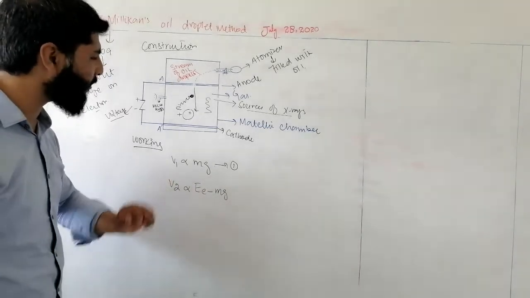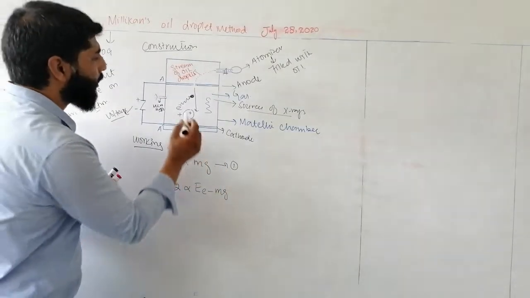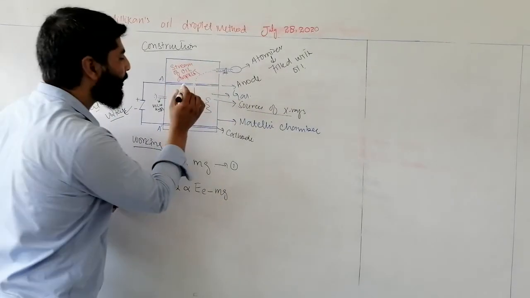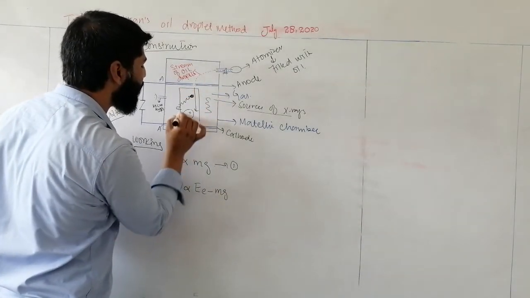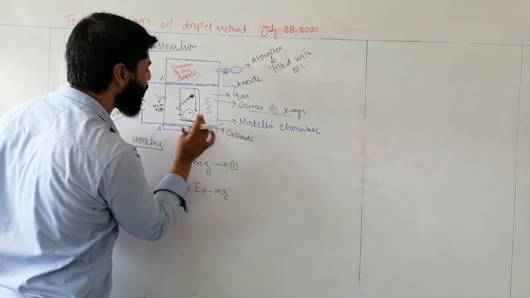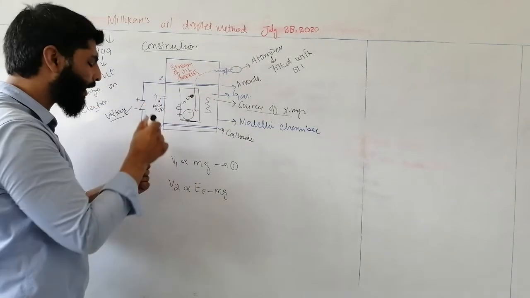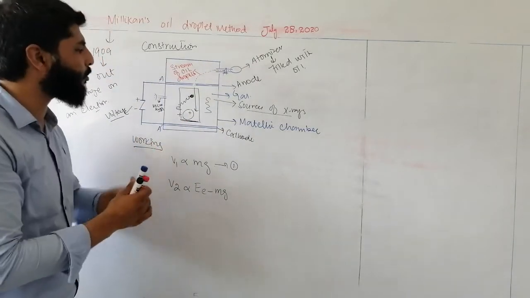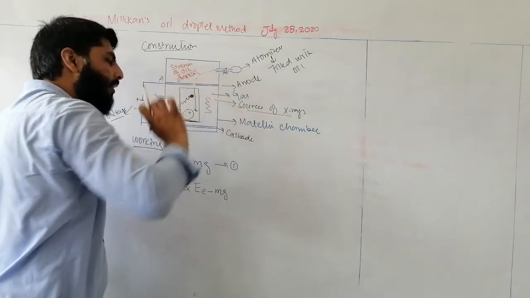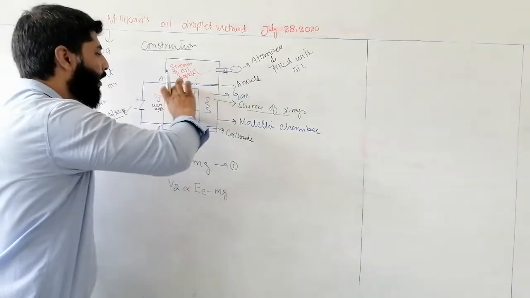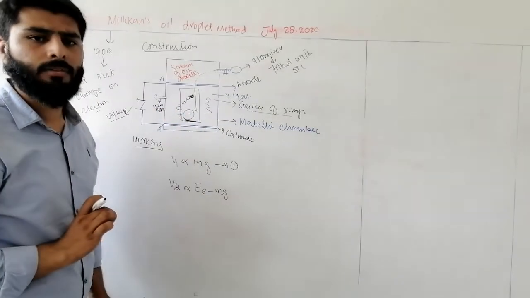Students, he calculated the velocity. Inside the chamber, there was a scale behind this vacuum on which distance or length was specified.